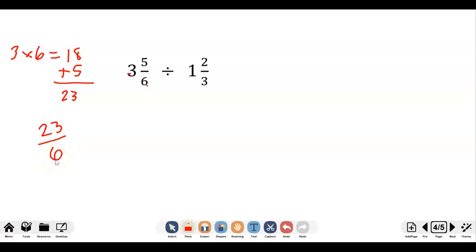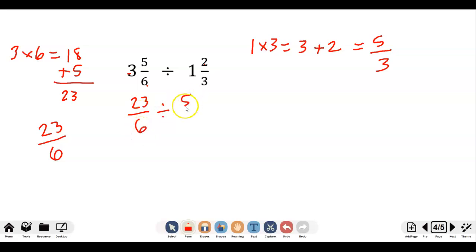And over on the right side here, I've got 1 times 3 is 3, plus the 2 on top in the numerator, and that gives me 5. The denominator stays the same, so 5/3. Okay, so I could rewrite this as 23 sixths divided by 5/3.